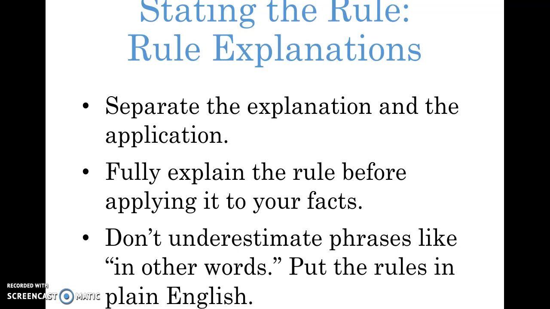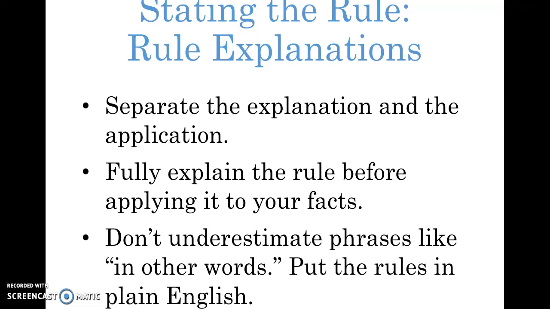Something I think a lot of you still struggle with, because it's hard and you're beginning lawyers, is putting rules into your own words. Sometimes you struggle because you don't understand the rules, so you just rely on what courts have said. And sometimes you think you're supposed to sound fancier than is necessary. So if you're struggling with how to phrase a rule, think about how you would explain the rule to me if you just came into my office and I said, okay, what's that rule?